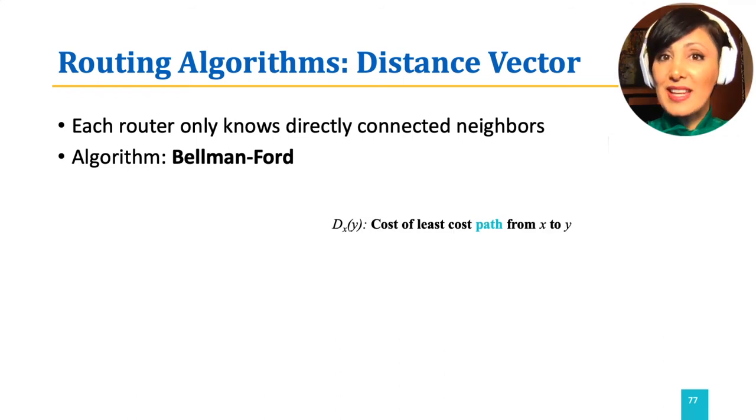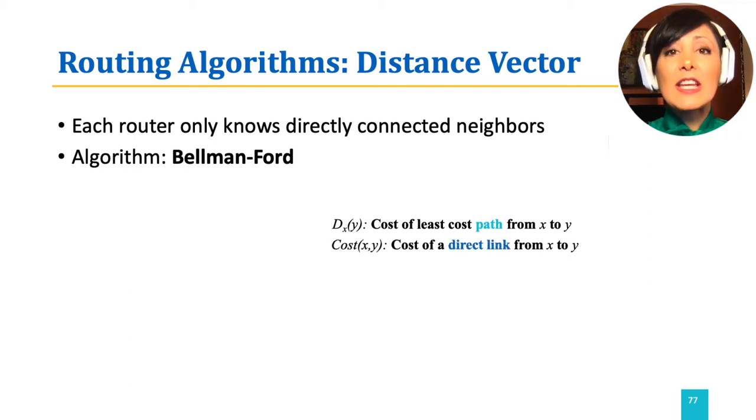To compute this, we assume dx(Y) shows the cost of the least cost path from X to Y. This is also called the element Y of the distance vector of node X. The cost of a direct link from X to Y is given by c(X,Y).